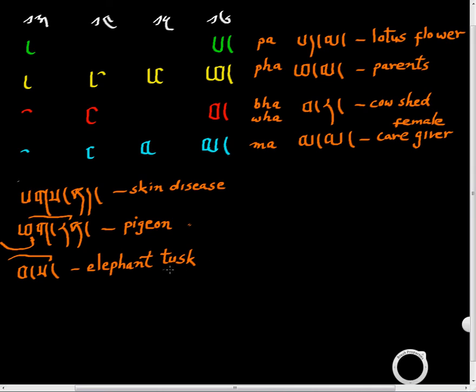So it basically means the same thing, paso, chewa. Sometimes we will say chewa, sometimes paso. Elephant tusk would be paso. Pa, sa, naro, so, paso.